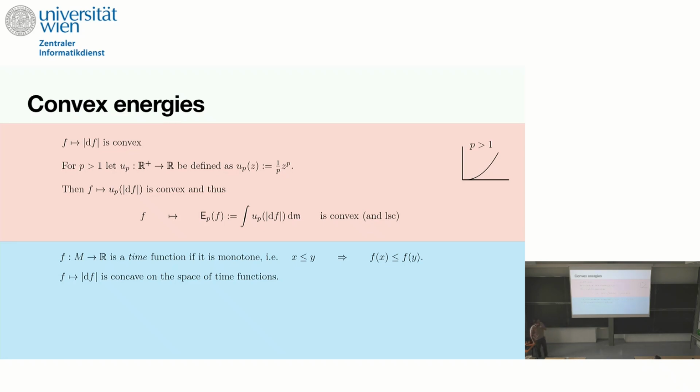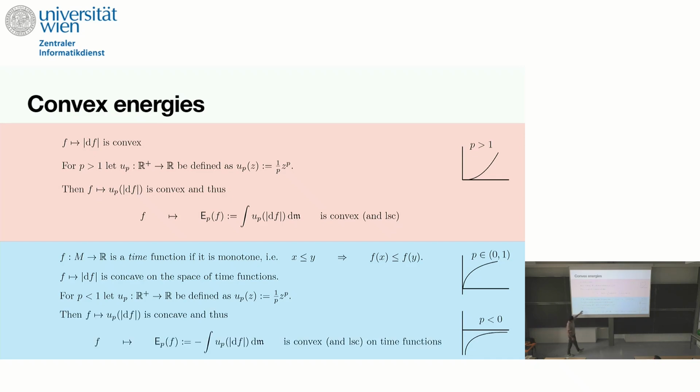Now, as a consequence of the reverse triangle inequality in the future cone of Minkowski space, it turns out that this function is concave. That's really equivalent to saying that we have the reverse triangle inequality. Therefore, if we post-compose this concave function with the concave and increasing function z to the p divided by p, for p smaller than 1, possibly negative, what we end up with is a concave function.